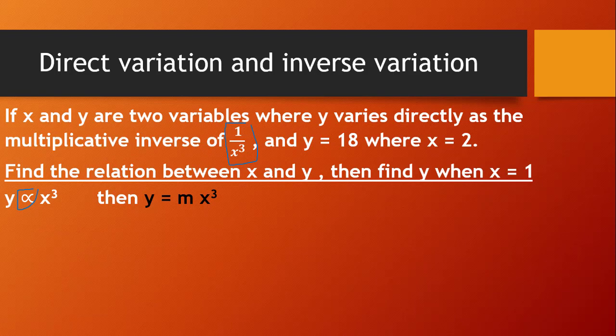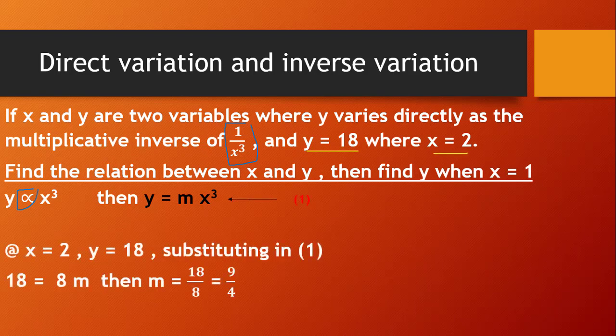Okay, we have a condition here. We have y equals 18 where x equals 2. So instead of y I write 18, and instead of x I write 2. So 18 equals 8 times m.